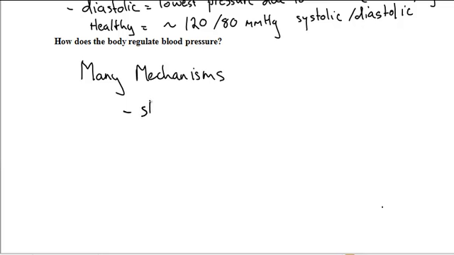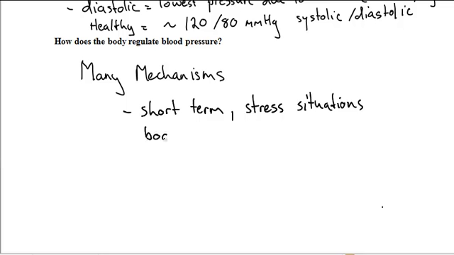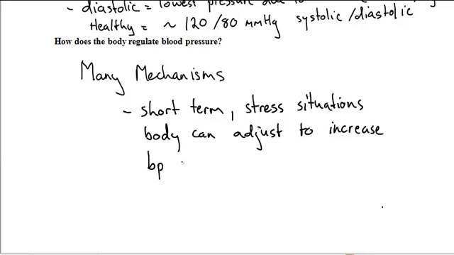So for short-term, in stress situations, the body can adjust to increase blood pressure via what's called vasoconstriction.